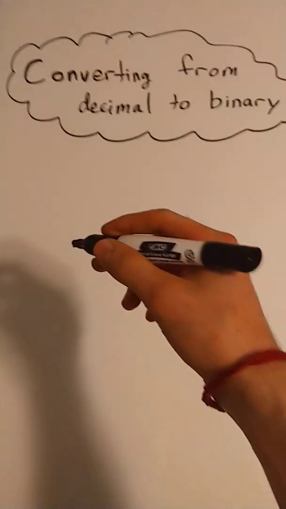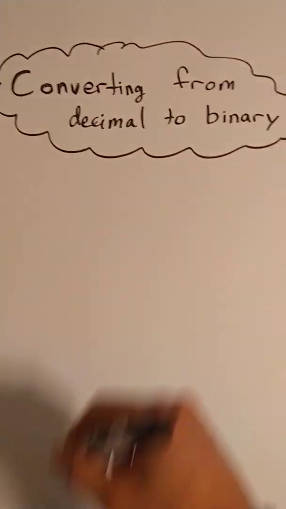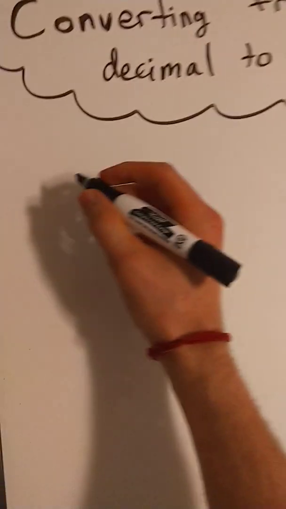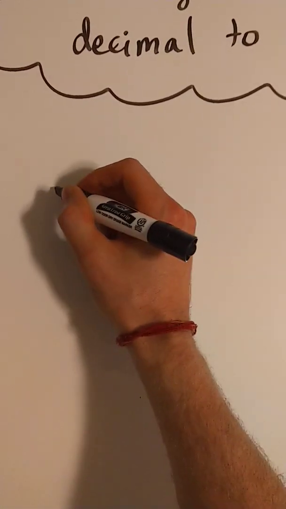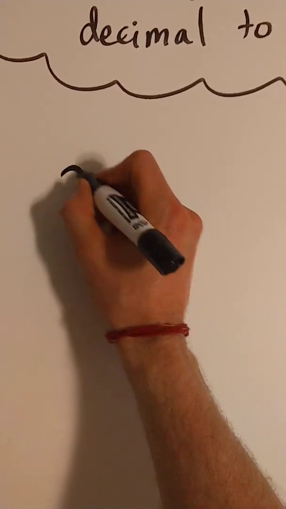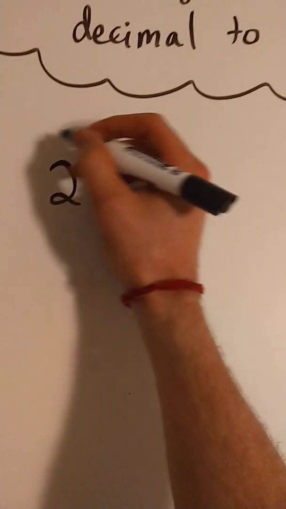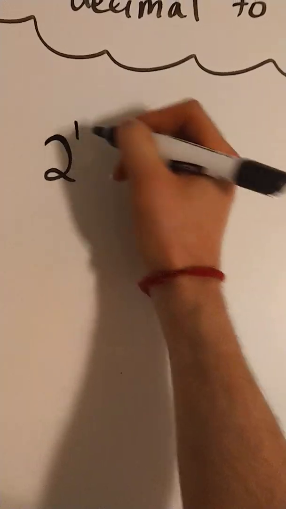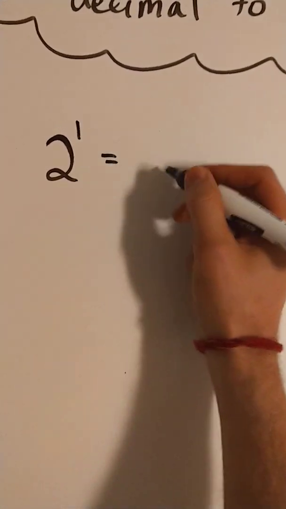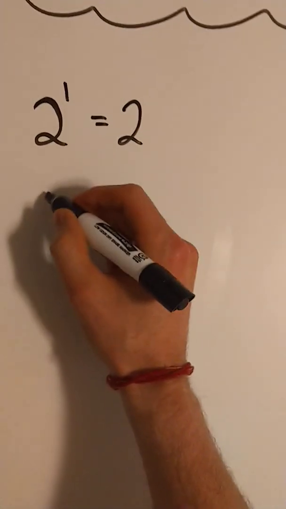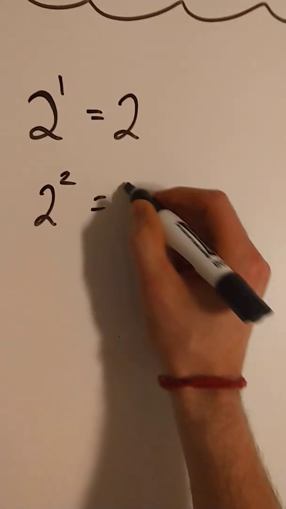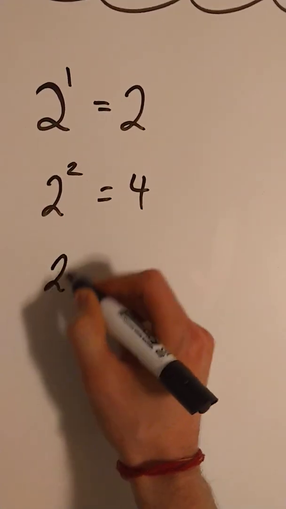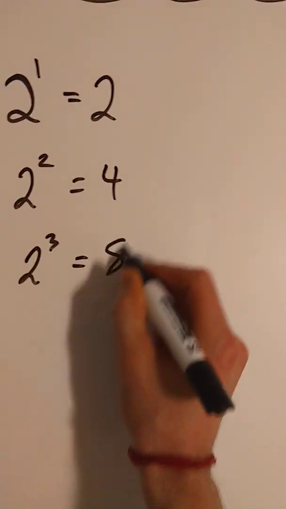Before we start, the first thing that we should know is the powers of 2. A power of 2 is any number that has an exponent but the base is 2. So for example, 2 to the 1 equals just 2. 2 squared is 4, 2 to the 3 is 8.